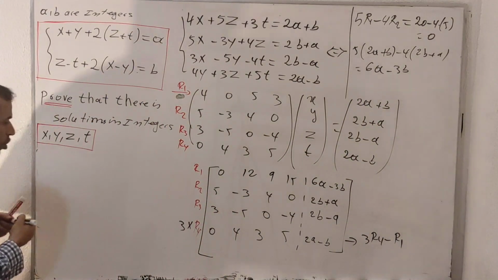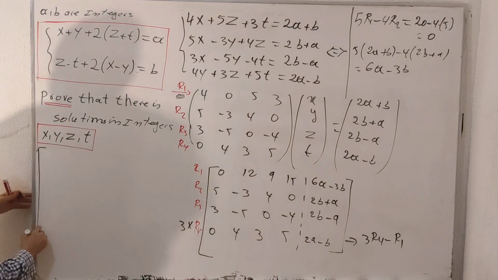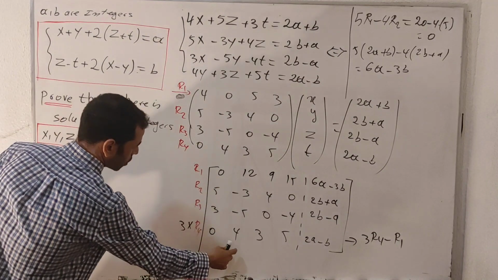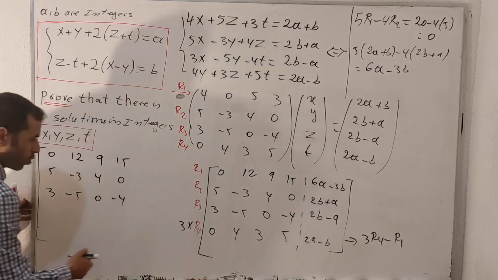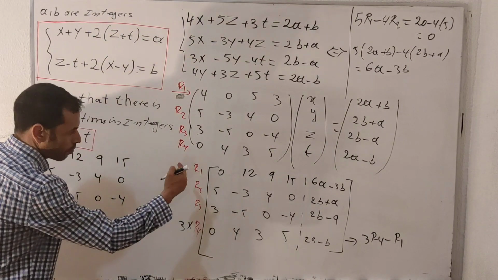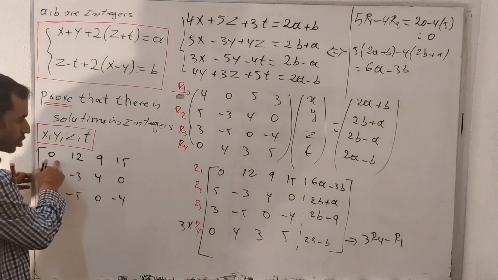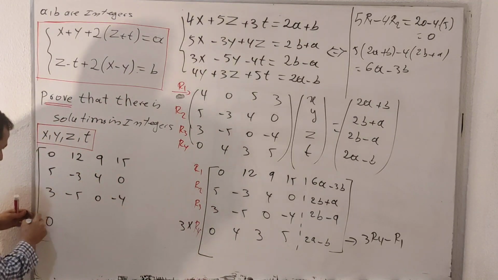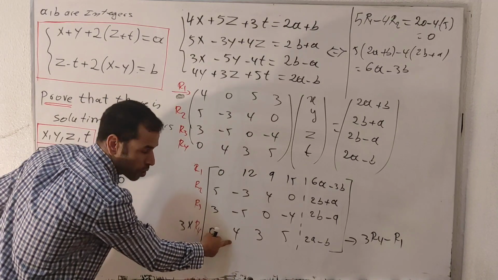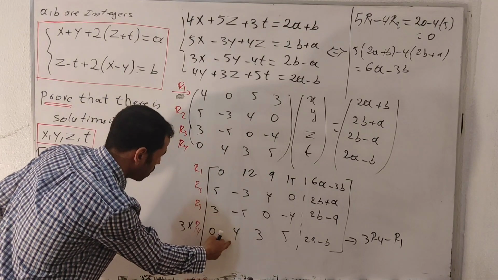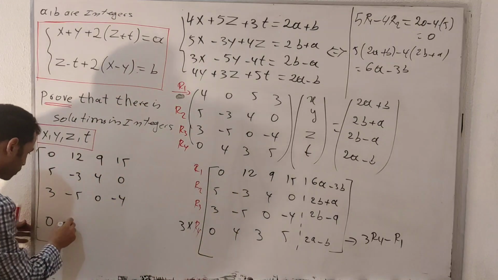I will have a new matrix here, with everything else unchanged except this row. For the last row, 0 minus the first row's 0 is 0. Then 3 multiplied by 4 is 12, and 12 minus 12 is 0.